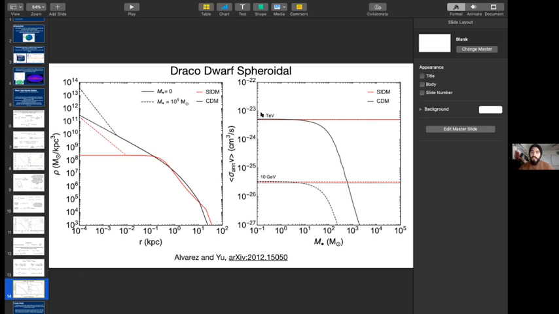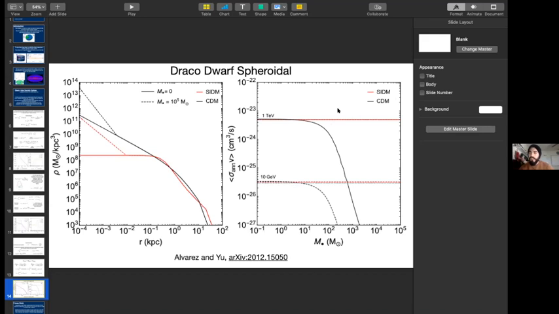For a 1 TeV dark matter mass, in the CDM case, this is pushed to about 10^3 solar masses. So in any case, above 10^3 solar masses, we don't expect there to be a black hole and still a thermal relic halo. But for the SIDM case, because the spike power law is much more shallow, it's essentially insensitive to the black hole mass. So this turnover doesn't happen for SIDM until about 10^9 solar masses, 10^7 solar masses, something like that.